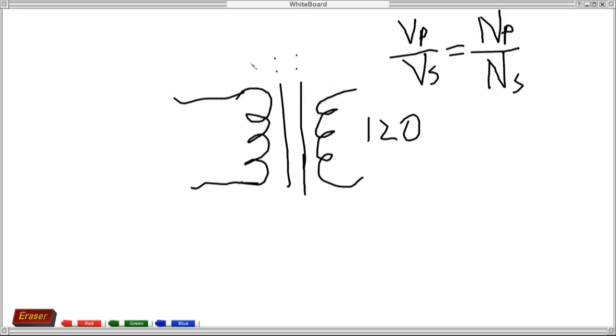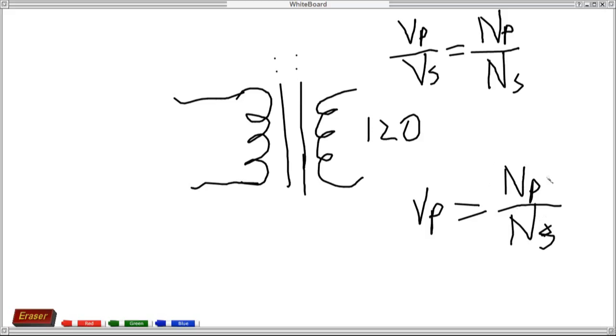You basically have to do this: your primary voltage is equal to your primary turn ratio divided by your secondary turn ratio times your secondary voltage.